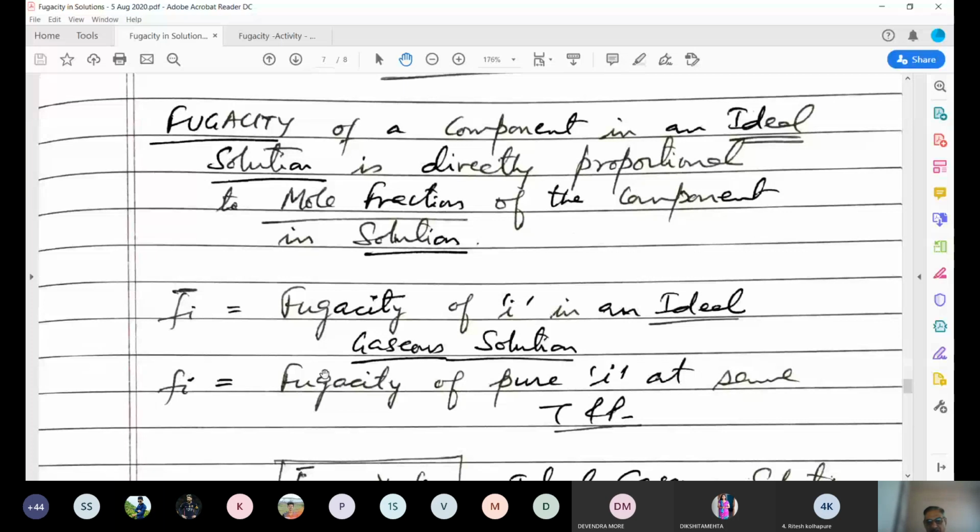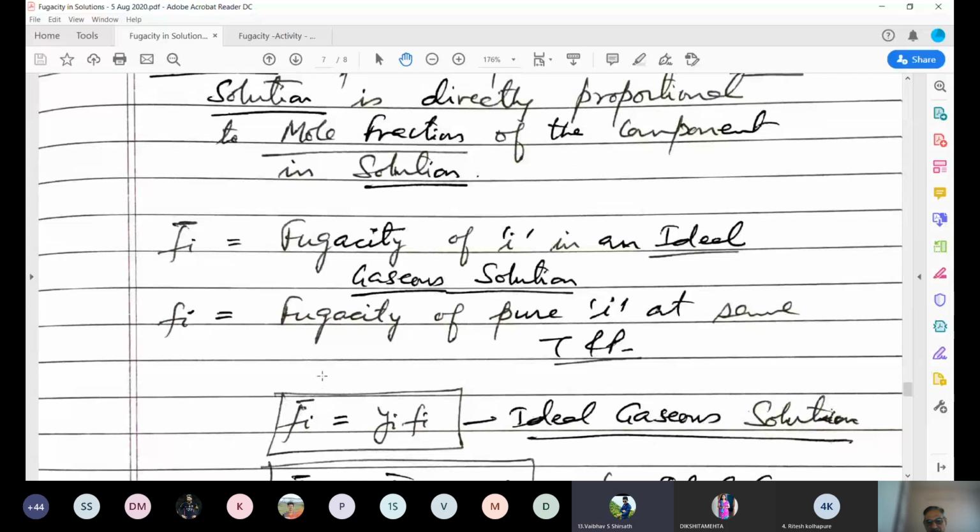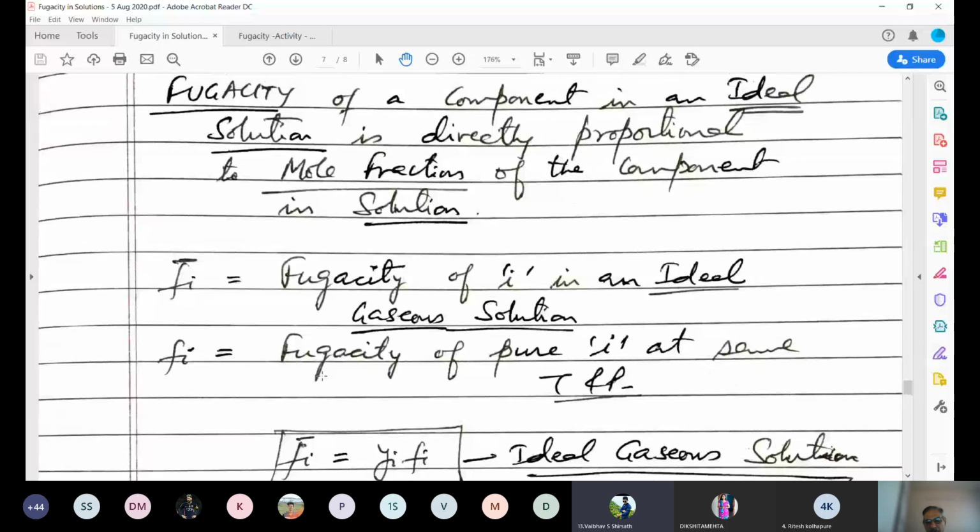सर, वो रूल हम टोटल के लिए नहीं लिख सकते क्या? Total क्या? मतलब टोटल कंपोनेंट के लिए, ये I के लिए था ना, Fi bar. Fugacity is for component. There is no fugacity of total solution. ओके सर. Fugacity of each component रहता है.